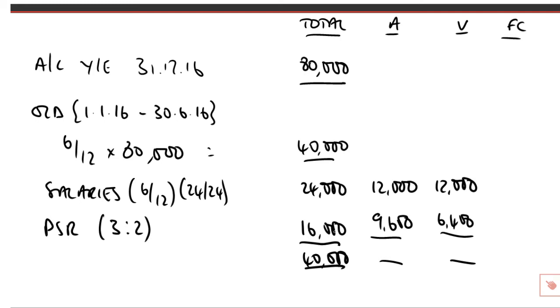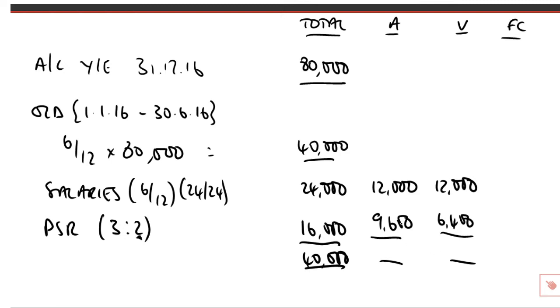Again, 16,000 to be divided 3:2. 3 plus 2 is 5. 3/5 of 16,000 is hopefully 9,600. 2/5 there. Remember, 3 plus 2 is 5. 2/5 of the 16,000. Well, that therefore is going to be 6,400.